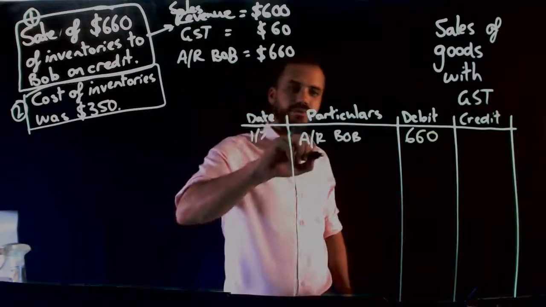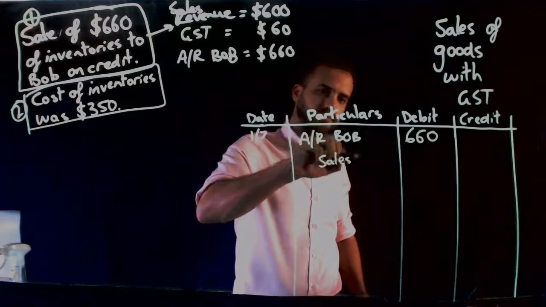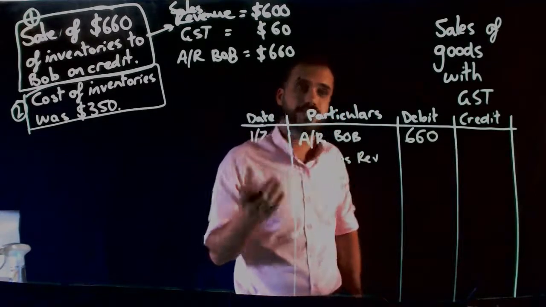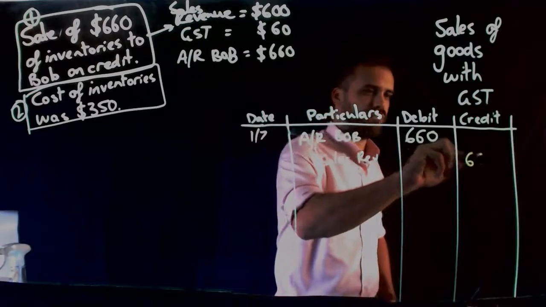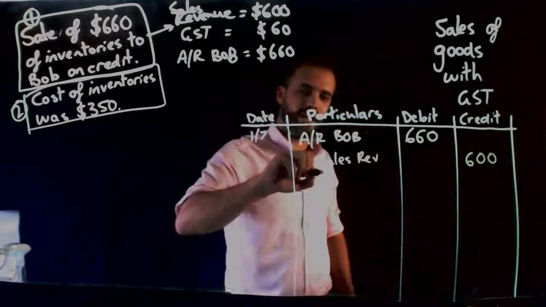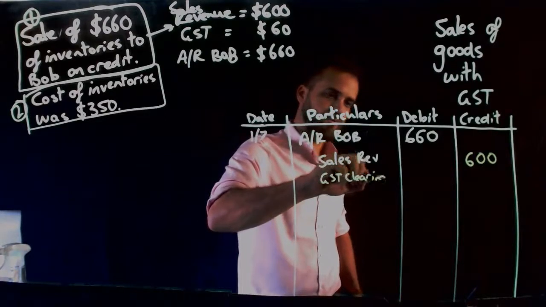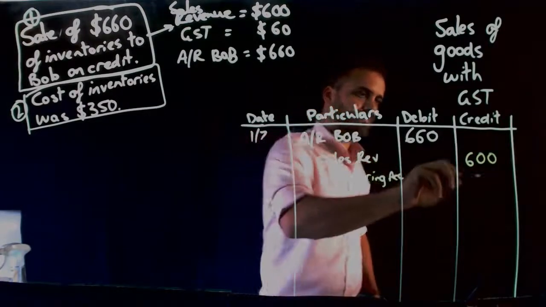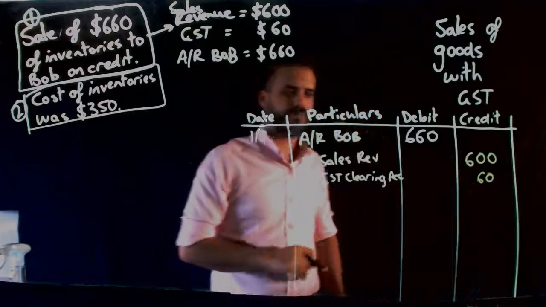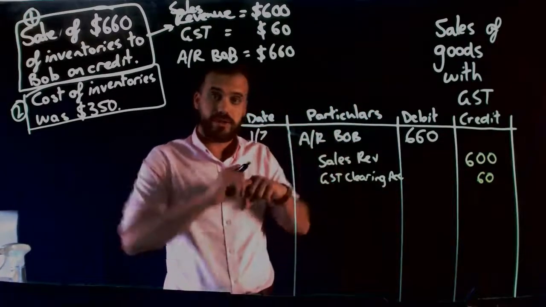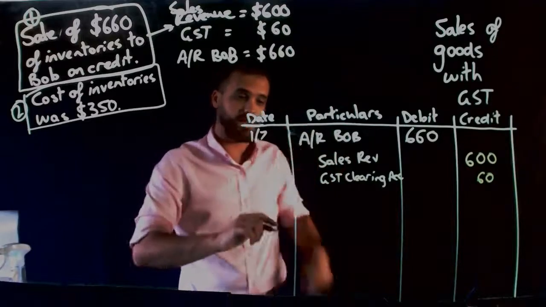Our sales revenue, that's an increase to our owner's equity. So that's $600. And then our GST clearing account, $60. There's our one transaction, and we actually journalize that and finish off and stop. One transaction done.